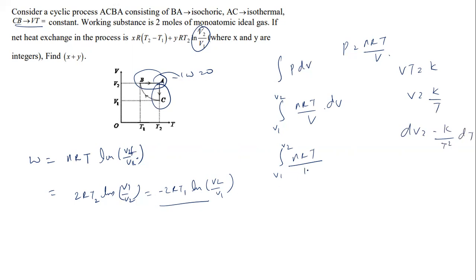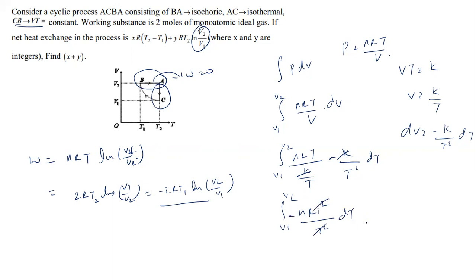So substitute here K by T into what is dV? Minus K by T square dt. Okay, K cancels. So V1 to V2 nR T square by T square dt, minus.